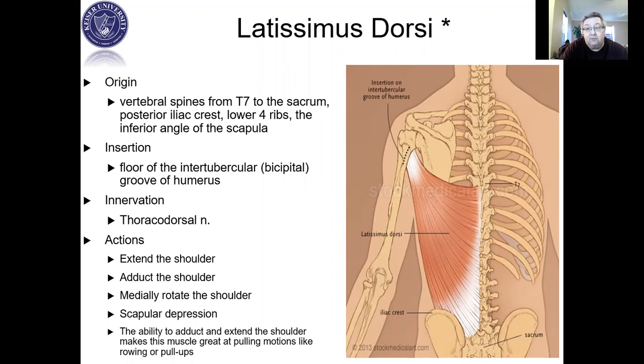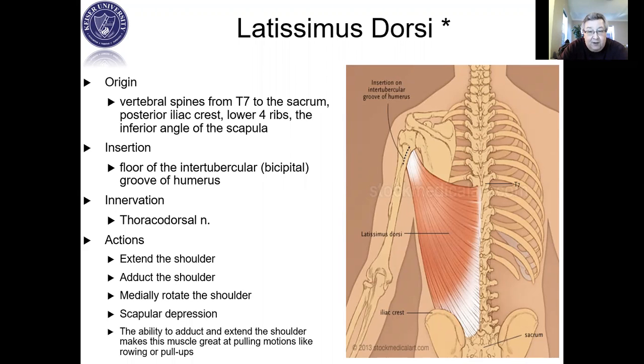That scapular depression is one that students kind of forget because they forget about the origin at the inferior angle. That's why it's very important for you to know all four of the origins that latissimus has.